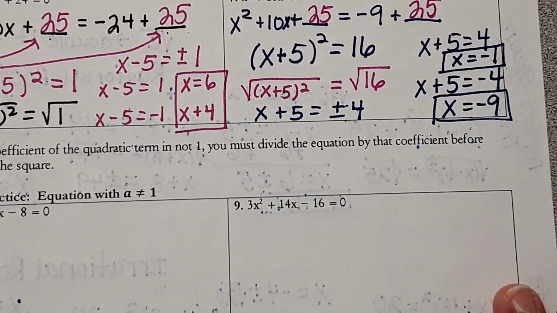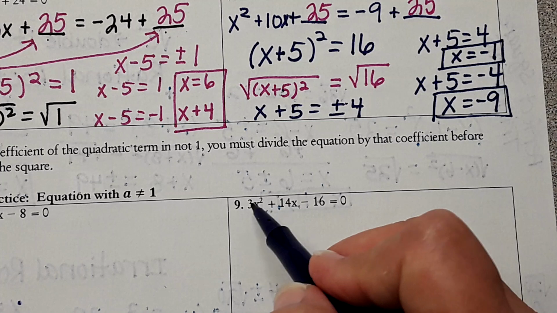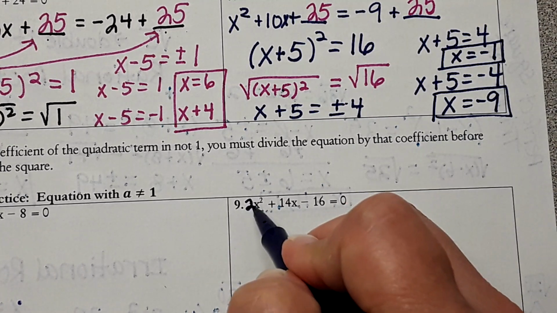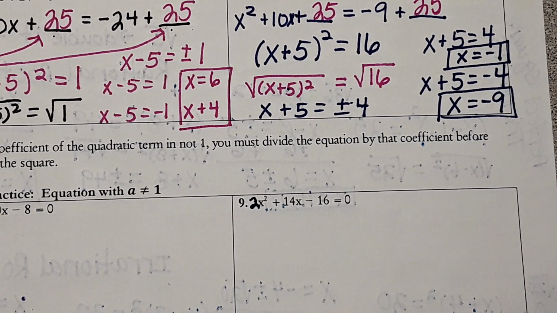Okay, so what I'd like to do is change this equation. I want to change that 3 to a 2, because I want to show you what happens when one works and one doesn't. So we're just going to do a minor change to number 9, and we're going to change that to a 2, okay?